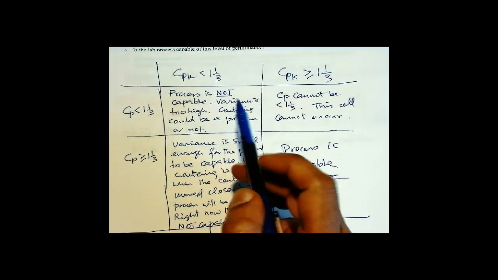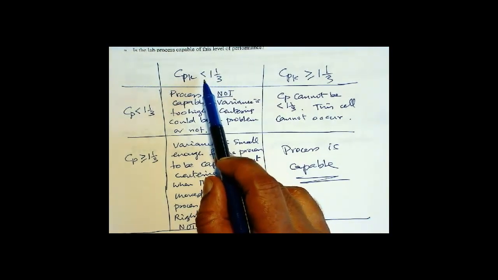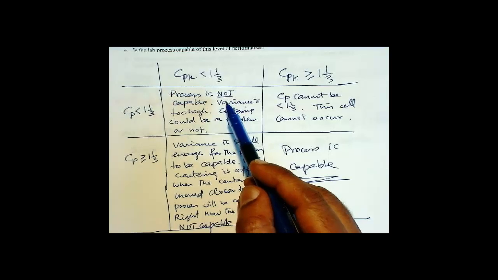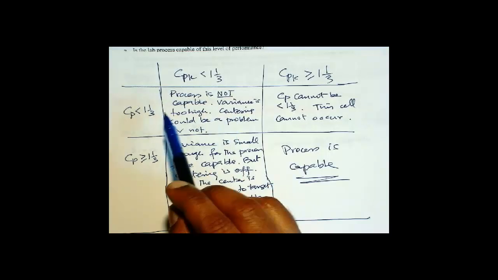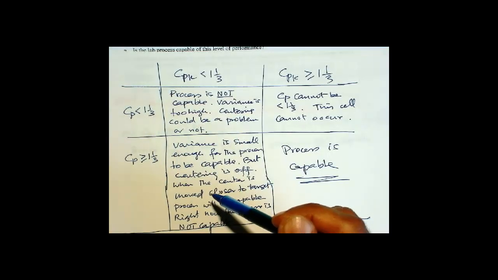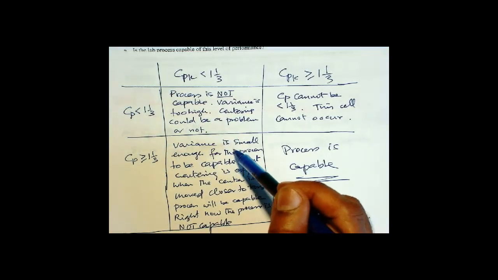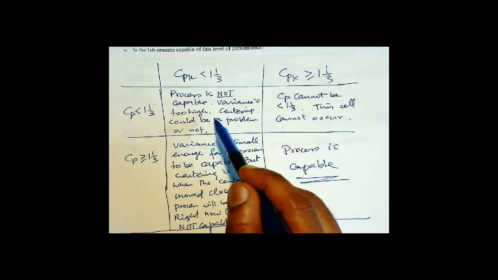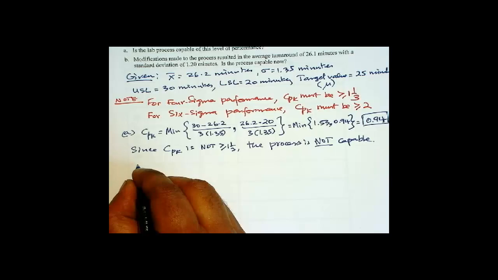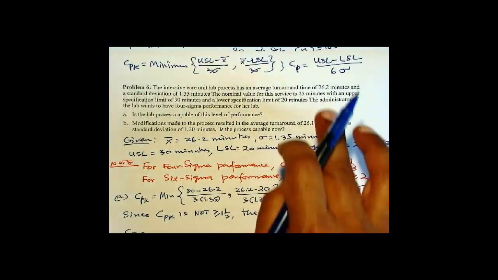So going back to this table, C sub pk is less than 1 1/3, so we know the process is not capable. Now we don't know whether we are here where variance is high, or whether we are here where the variance is small but only centering is the problem. So which of these 2 cells are we in? For that we have to compute C sub p. We have the formula here at the top.